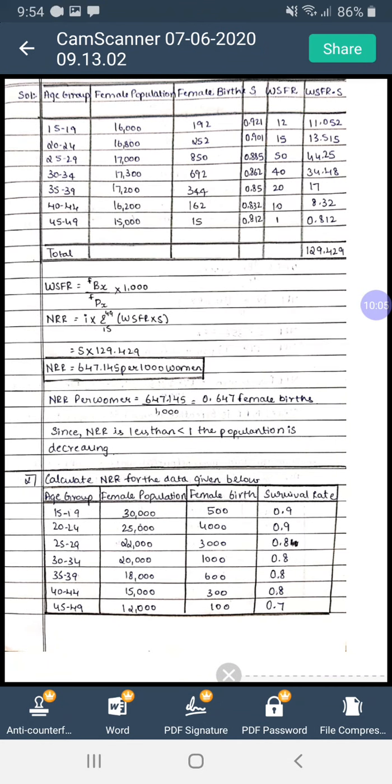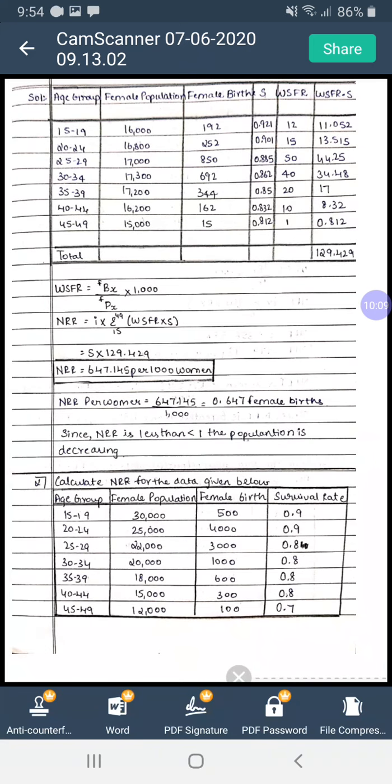Total you will get 129.429. Your class interval gap is again 5, so your i is 5.